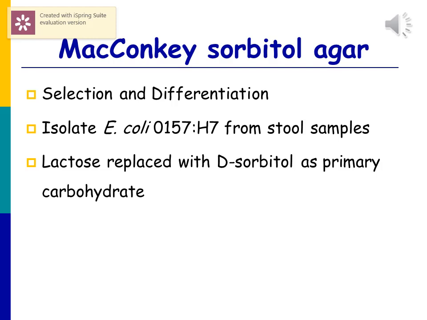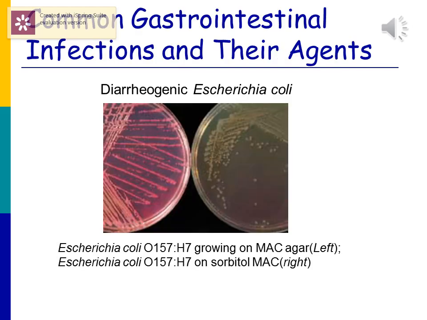But E. coli strain O157:H7 cannot ferment sorbitol and is going to be clear on MacConkey agar. So we have E. coli O157:H7 growing on MacConkey agar on the left, and E. coli O157:H7 on sorbitol MacConkey on the right. And you can see on the right with the sorbitol, they're clear colonies, not pink.